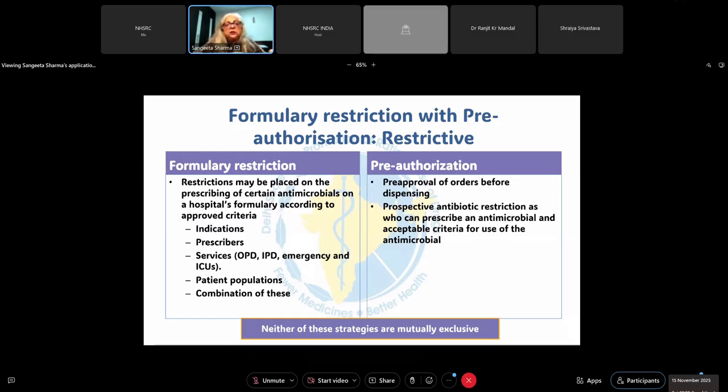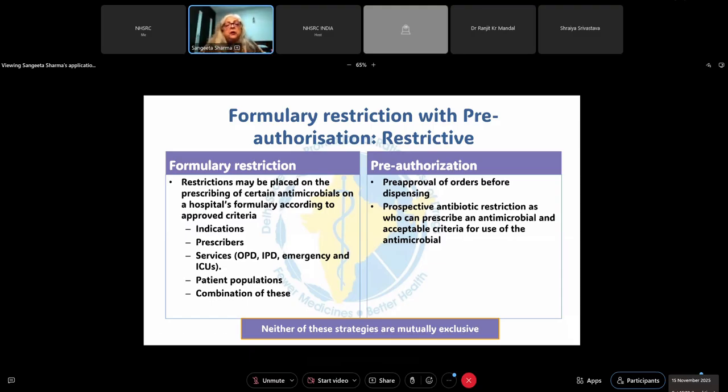So you restrict the availability either according to the indication, or you may say only the senior doctor can prescribe the broad spectrum, or you can restrict the availability according to the services, or patient population, or you may use a combination. But the idea is that some restriction is applied so that it is not overly used.